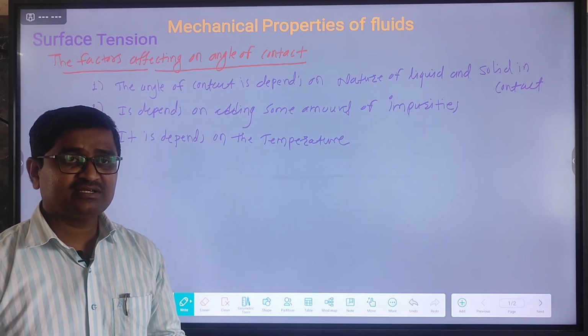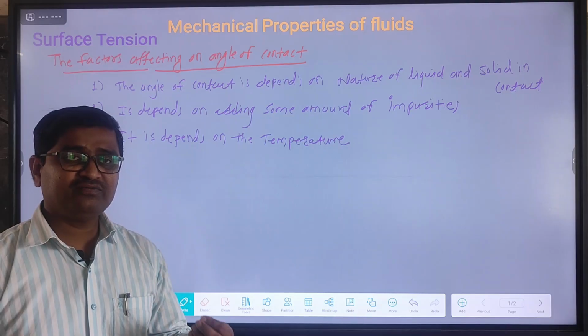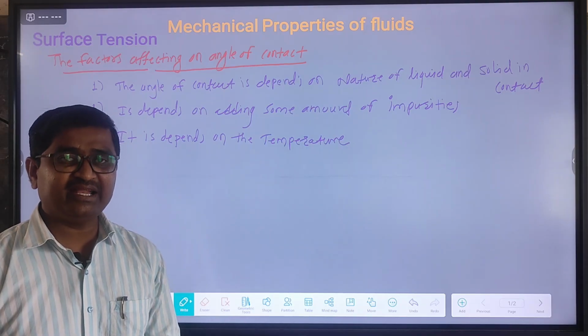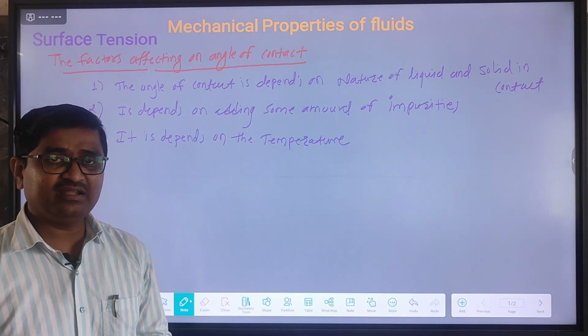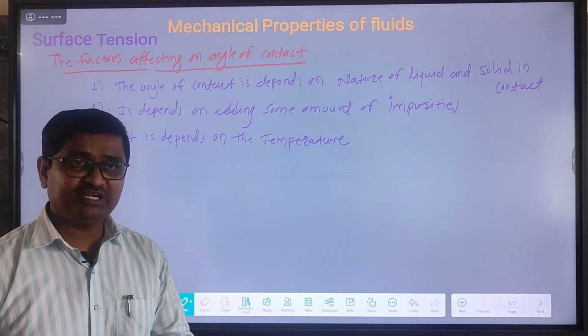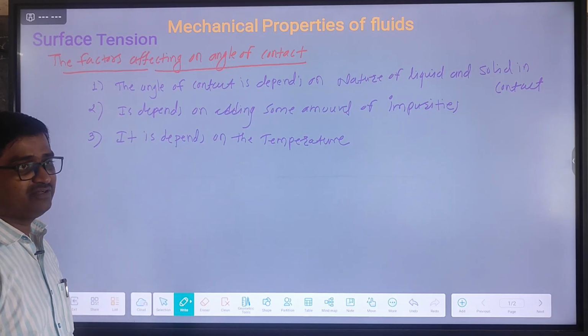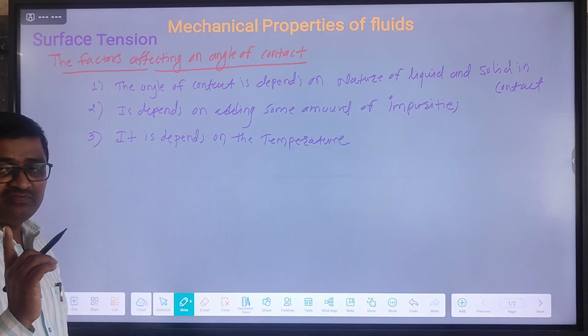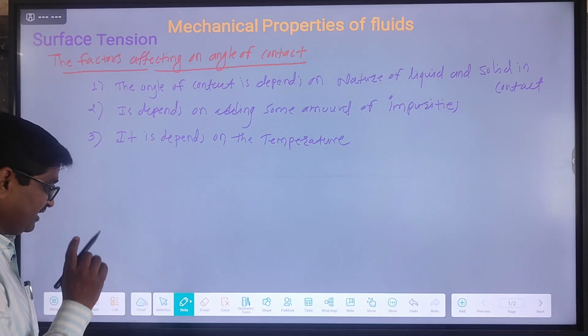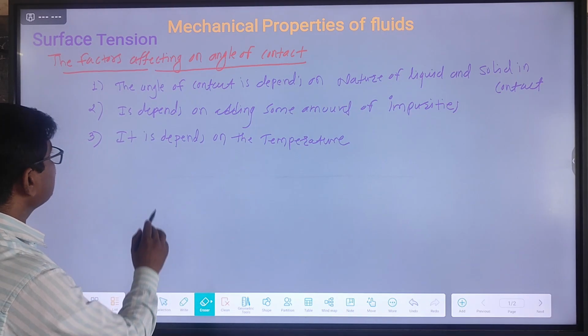After that we discuss the effects of impurities, what happens to the angle of contact when impurity is added, and then the effect of temperature. The next concept for this chapter is the effect of impurities and the effect of temperature, discussed one by one.